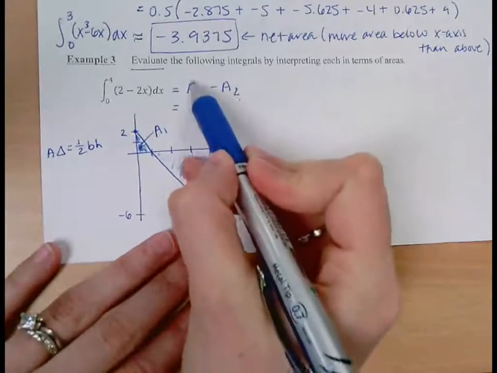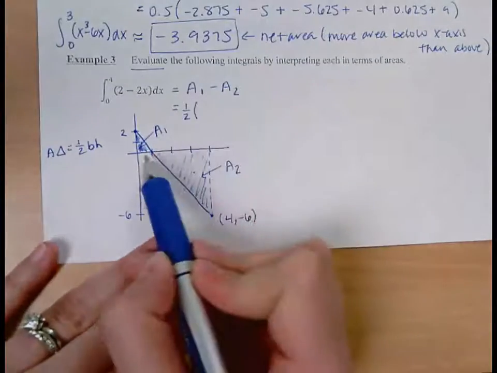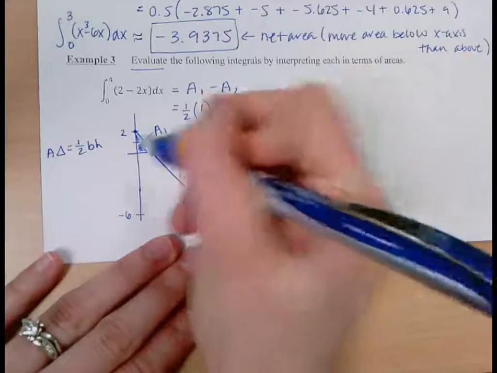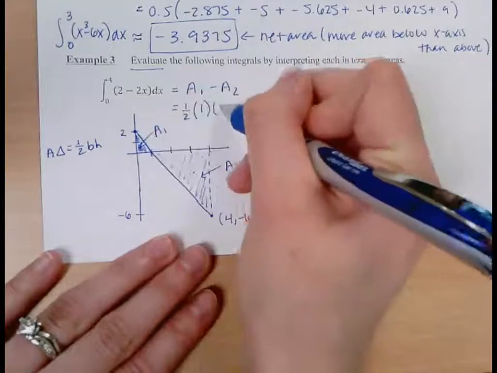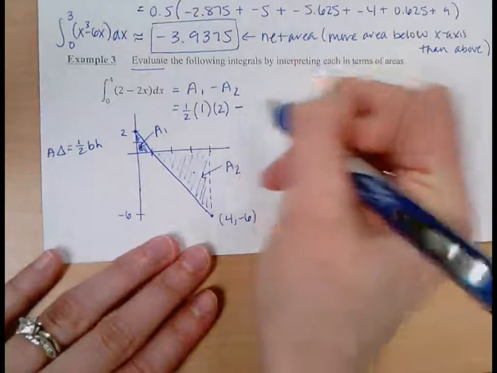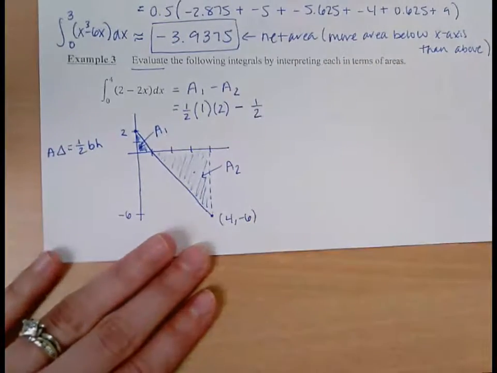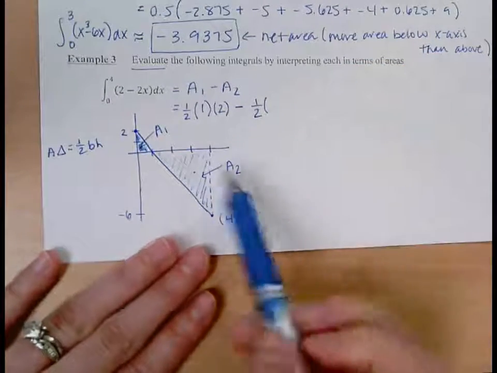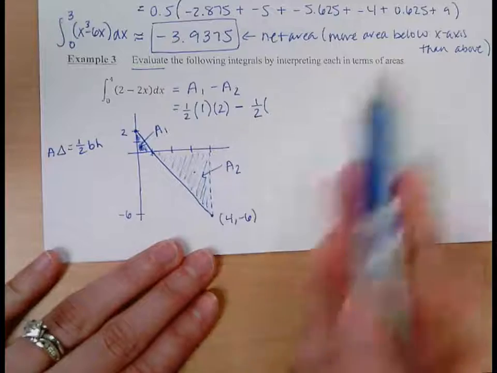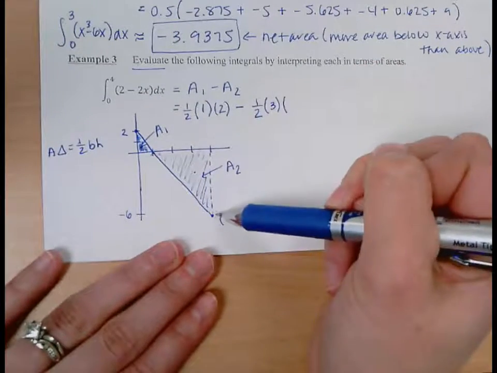All right, so the area of that top triangle would be 1/2 times the length of the base, which is 1, and the height is 2, so that's why I was labeling where everything was intersecting. And then the area of that second triangle, so it's minus the area of the second triangle, so minus 1/2 times the base has a width or length of 3 units and a height of 6.